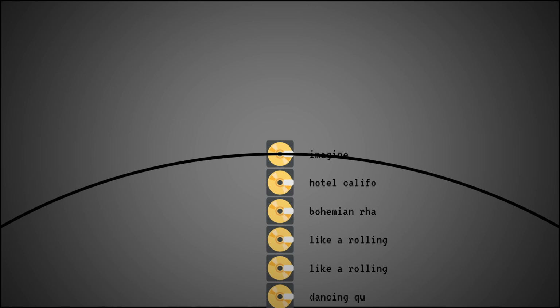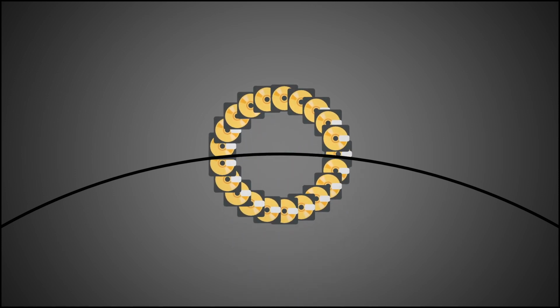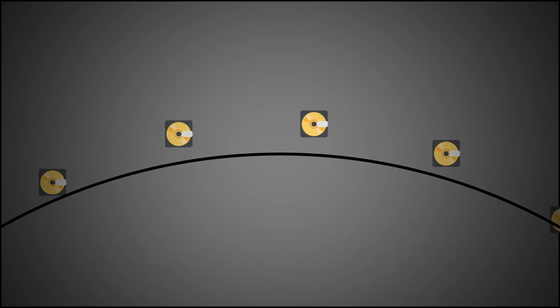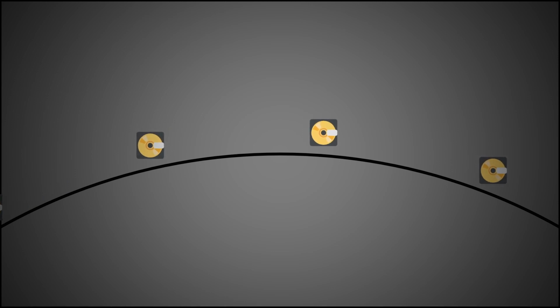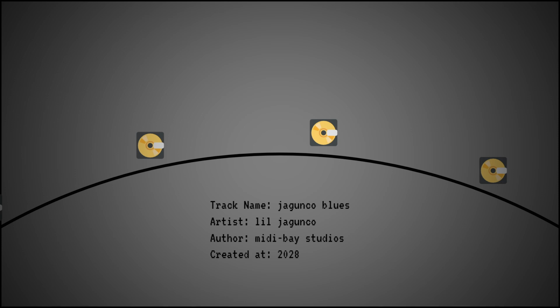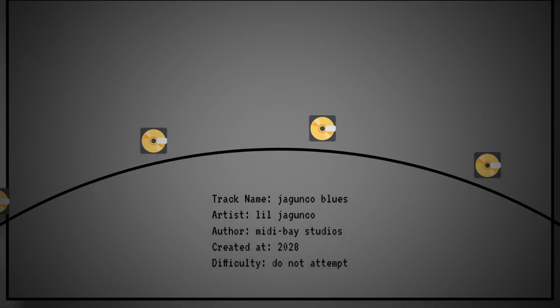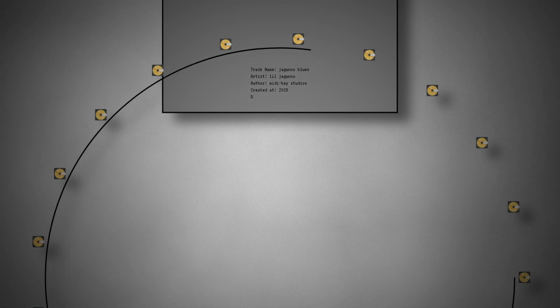But for the arc approach, this will also leave some space in the center of the screen. Get it? It arcs over it. That way I can put some of the currently hovered track information there. Information like the track name, artist and author, creation date, difficulty. This will definitely change as feedback comes in.